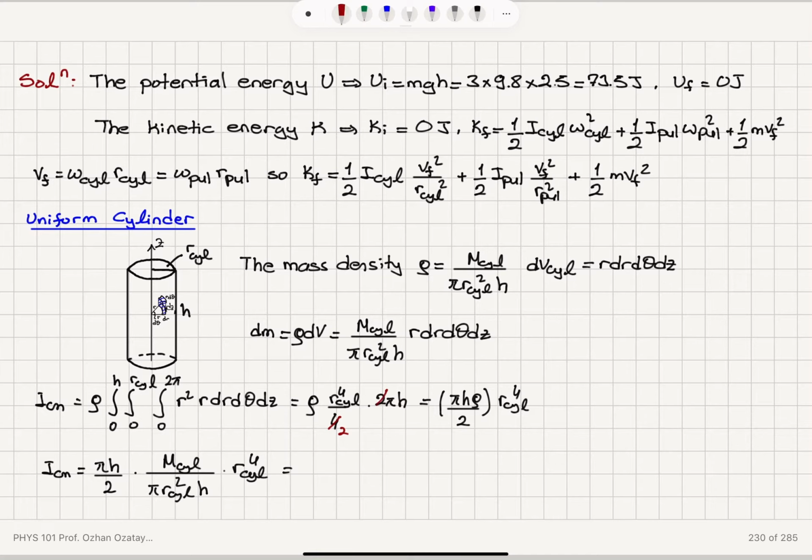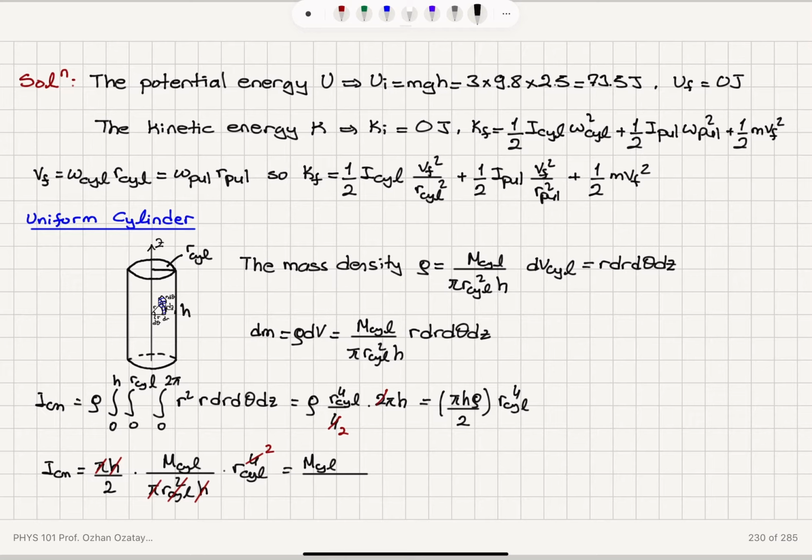This will become a square basically, and we also get rid of the h's, and also the pi's will cancel, and we will be left with the mass of the cylinder times r cylinder squared over 2.